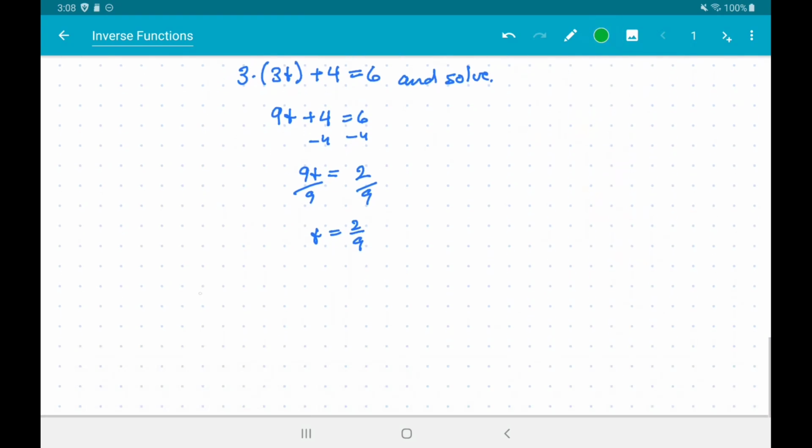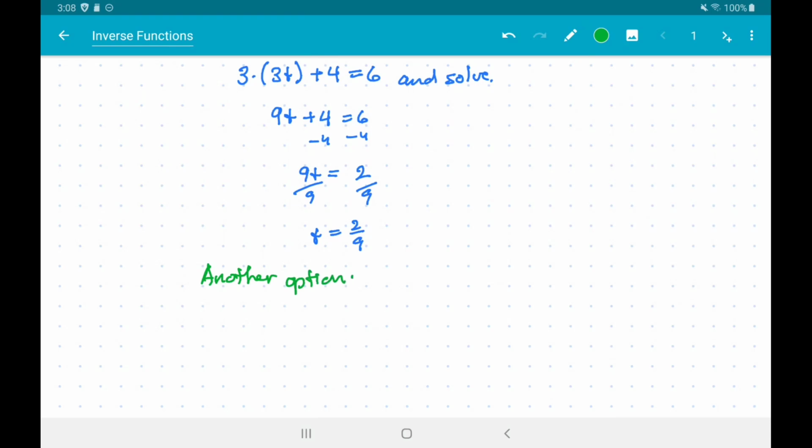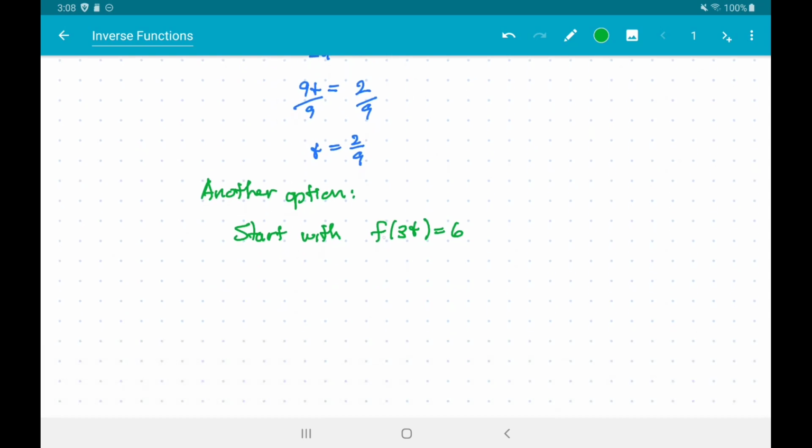Another option is to start with the equation f of 3t equals 6, and notice that the outermost operation on the left is the application of the function f to the number 3t.